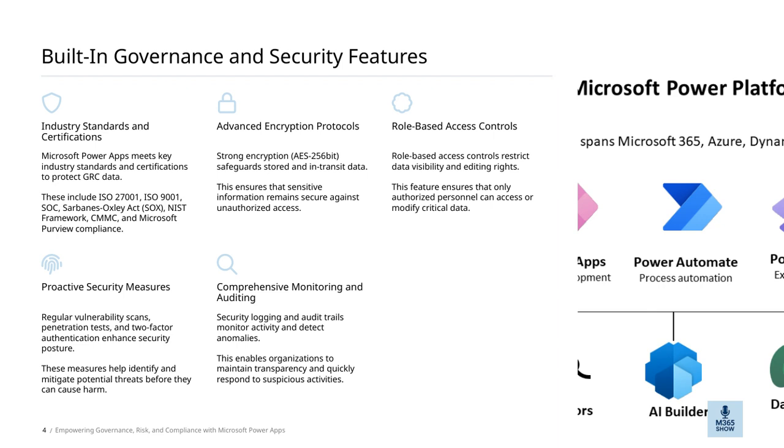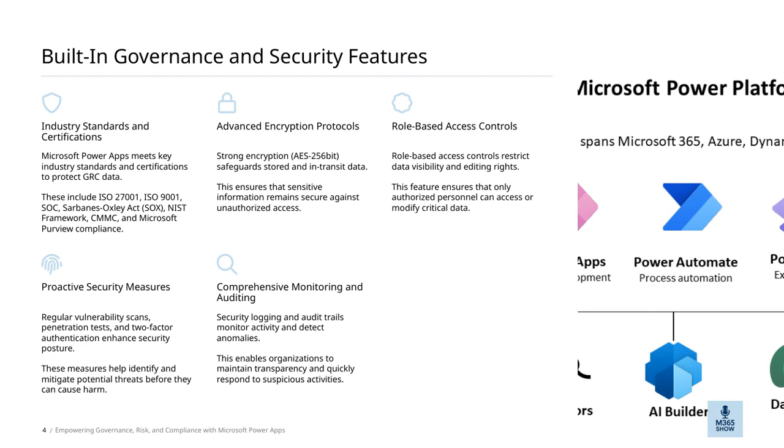Moving on, comprehensive monitoring and auditing involve regular vulnerability scans, penetration testing, and the use of two-factor authentication. These practices significantly strengthen our security posture by helping us identify and address potential threats before they can cause harm.